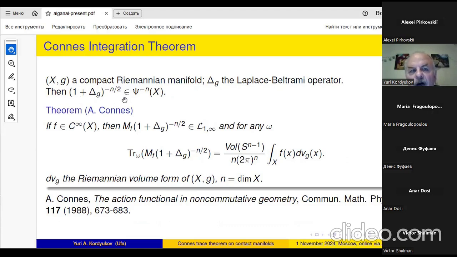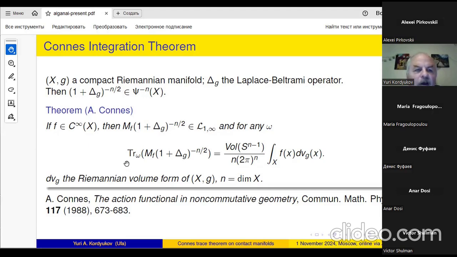Then if we take the power minus n over 2 of this second order operator, one can show that this is exactly an operator of order minus n. If we take the composition of this operator with multiplication by a smooth function f, then we get a pseudodifferential operator again. By the previous theorem, it belongs to the weak Schatten class, and this is the formula.